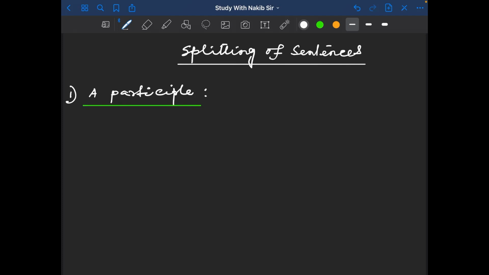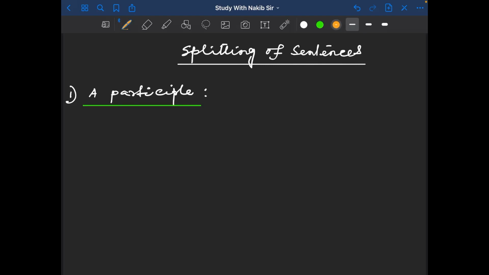So what I said, in a given sentence, if you get a participle, you can make a sentence with that participle out of the long sentence. Now take an example and your idea will be cleared.